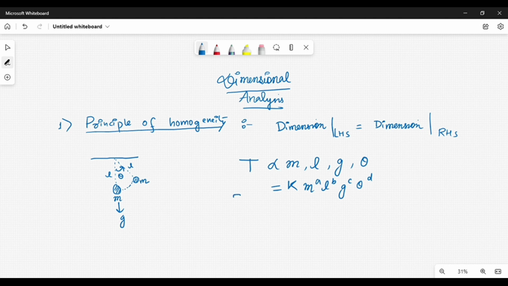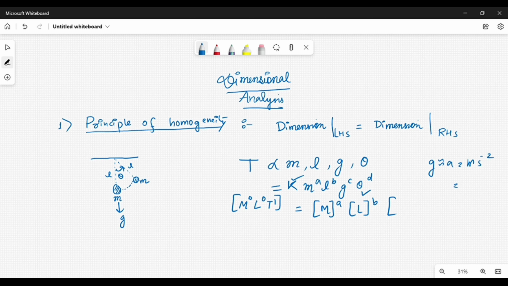You know that I can write time in terms of M, L, T, that is M0 L0 T1. Theta and k are dimensionless, so I am not taking them. I am just taking the quantities that have some dimension. The mass I can write M, the length I can write L, and acceleration due to gravity is similar to acceleration whose unit is meter per second square.